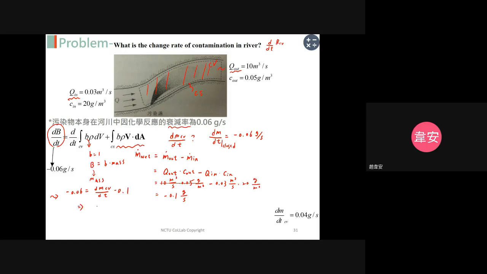So finally, the mass change in the control volume with time is minus 0.06 plus 0.1, which is equal to 0.04 g per second. Okay.